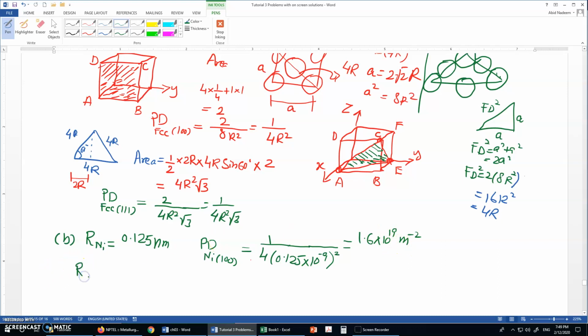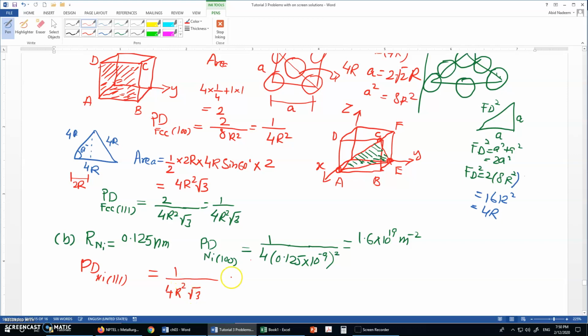And for the planar density of nickel in the other plane, the 111 plane, it is equal to 1 divided by 4r square under root 3.